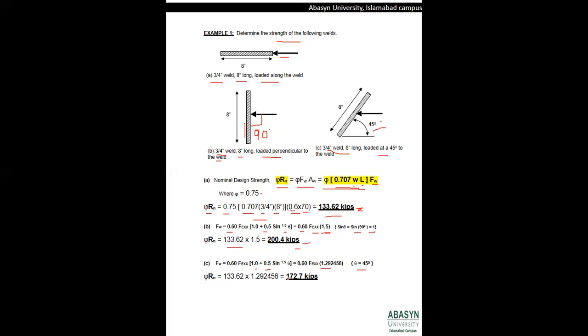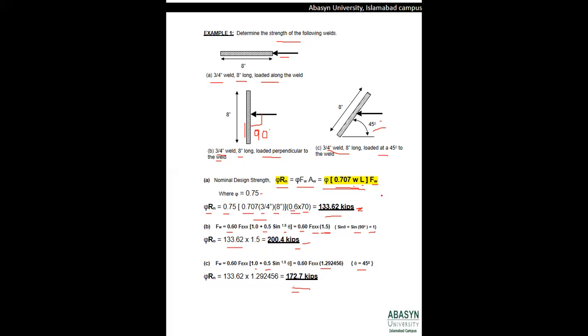When we multiply it with the area of the weld and the force of the weld, it comes out to be 172.7 kips. So for part C, the strength of the weld comes out to be 172.7 kips.